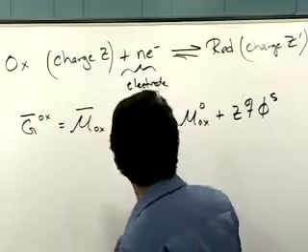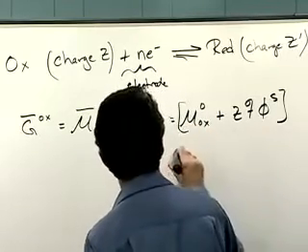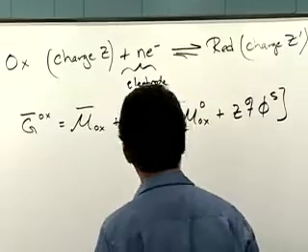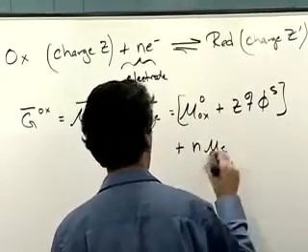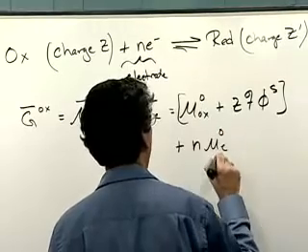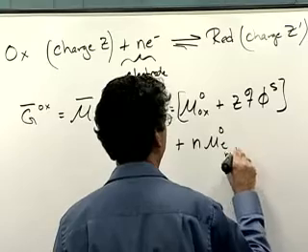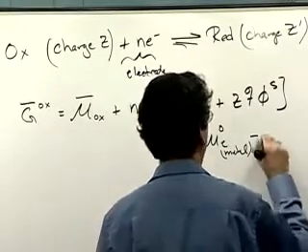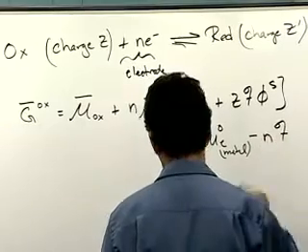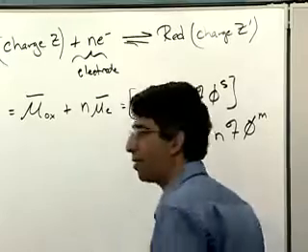So that's just this first term. And then I have a second term over here for the electrons, which would be the standard chemical potential of the electrons in the metal, in the electrode, minus a term that takes into account the fact that they are experiencing a potential on the metal side of the interface.